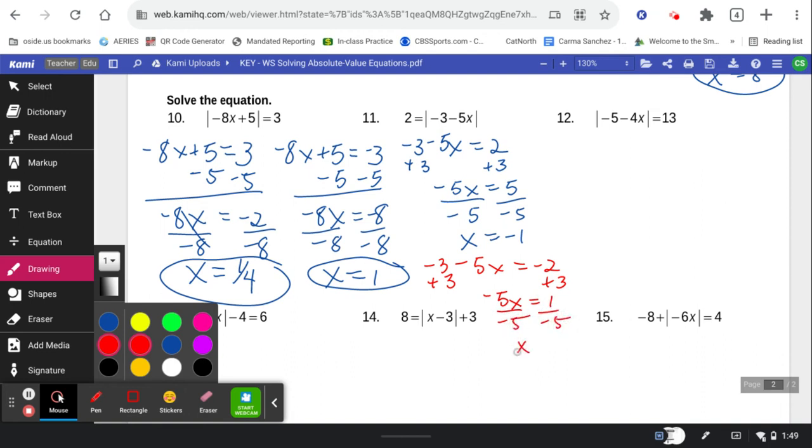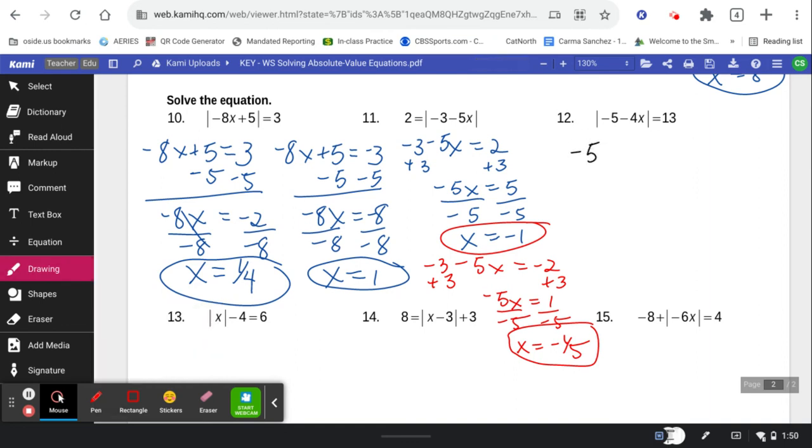Okay, I'm getting negative 1/5 for this final answer. Negative 1 and negative 1/5. I think this one we can fit them side by side. Let's try it.